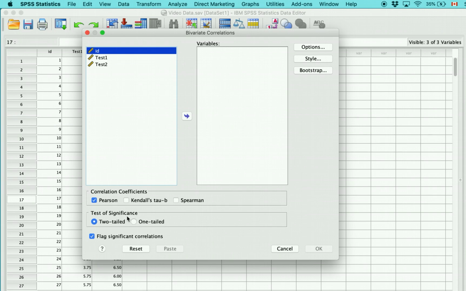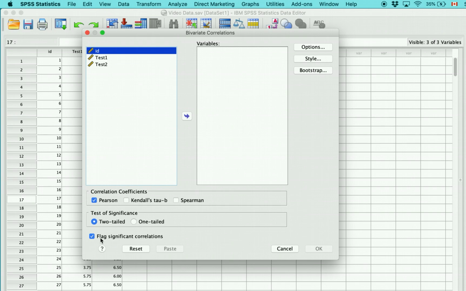If we had a reason to think that the relationship should be in a certain direction, you could do a one-tailed. So what it does is it shifts that 5% probability that we were looking at. Keeping in mind, we want to have 95% certainty that the results we're seeing are not due to chance. And that's automatically on both sides of the distribution, but you can shift it so that 5% is on one side and none is on the other side. But again, that's not something you need to worry about for this course.